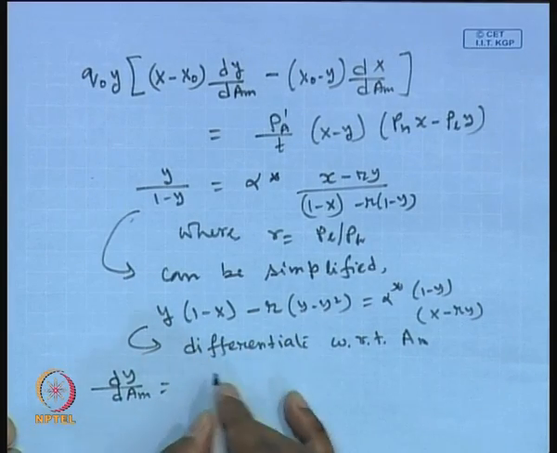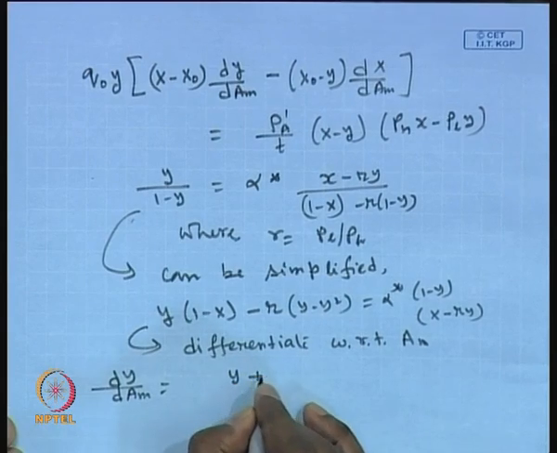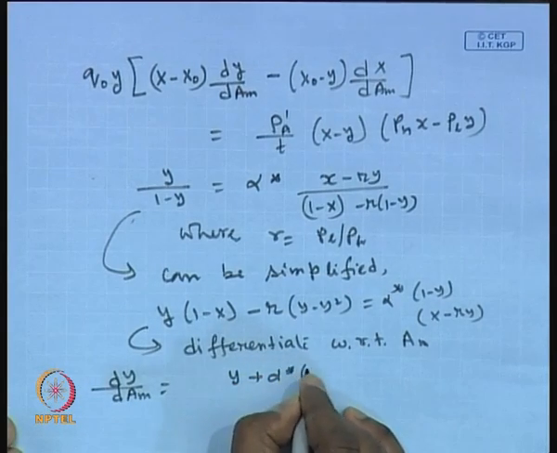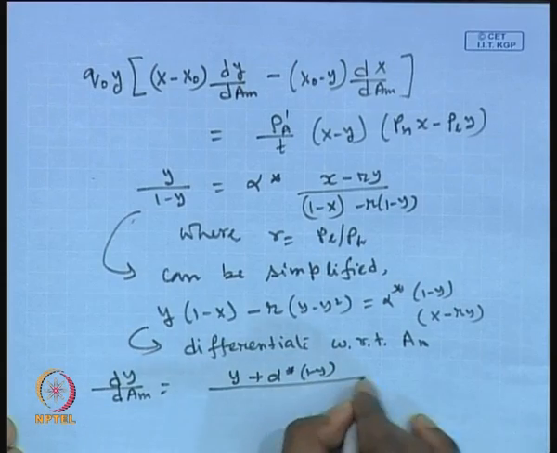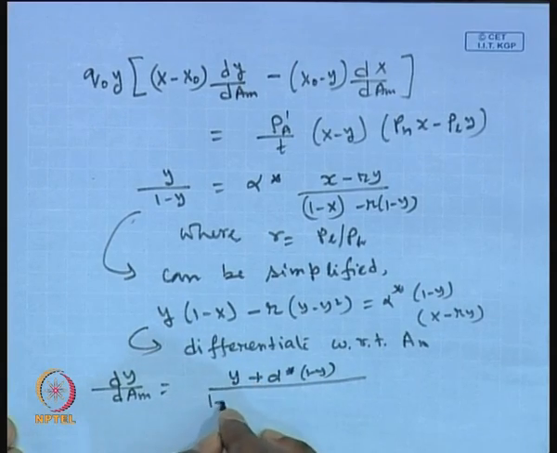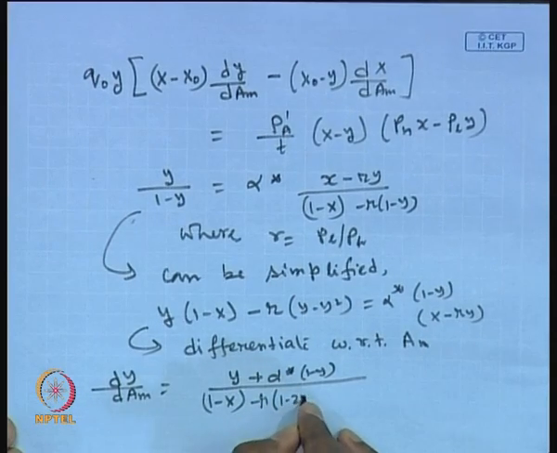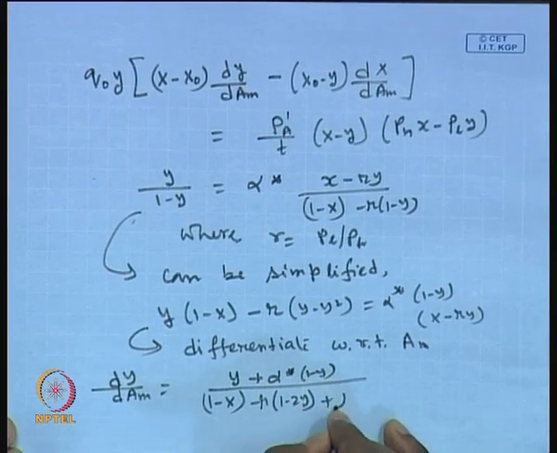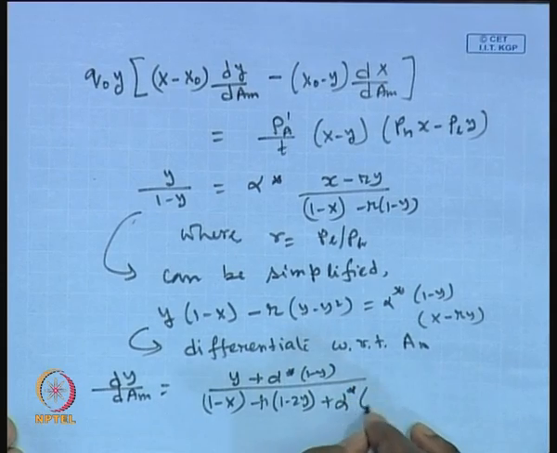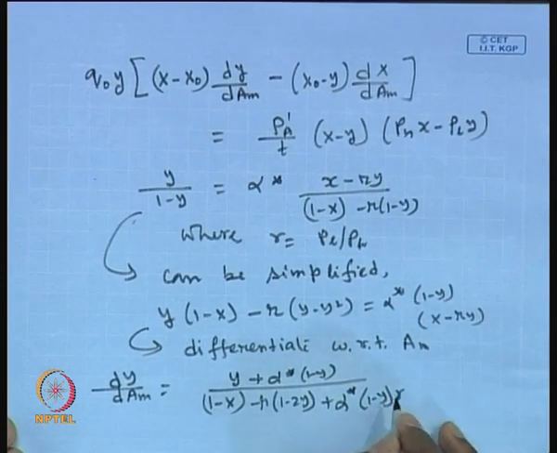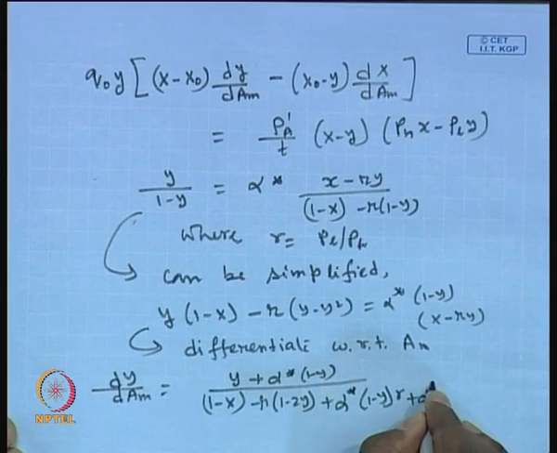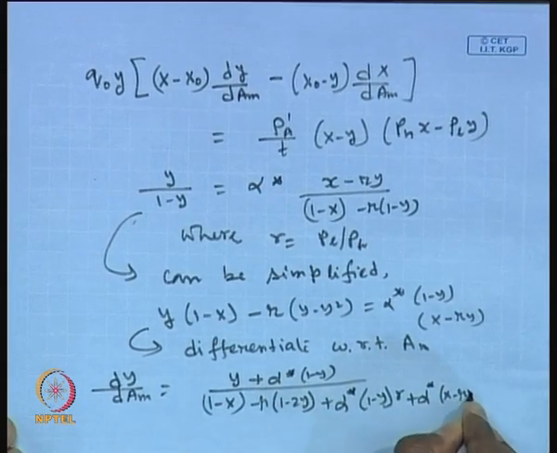So, dy/dAm will be nothing but y plus alpha star (1 minus y) divided by (1 minus x minus r) (1 minus 2y plus alpha star (1 minus y) times r plus alpha star (x minus r y)).